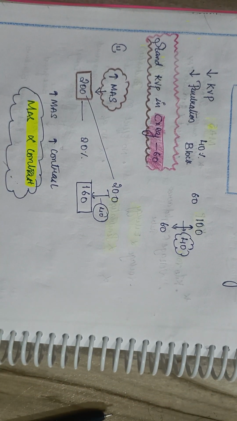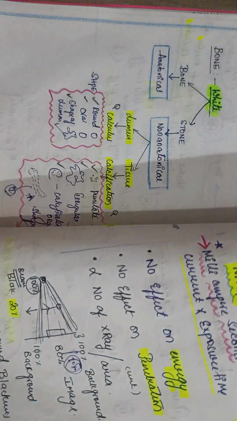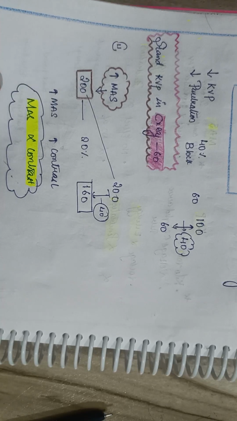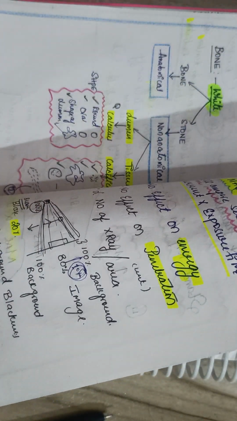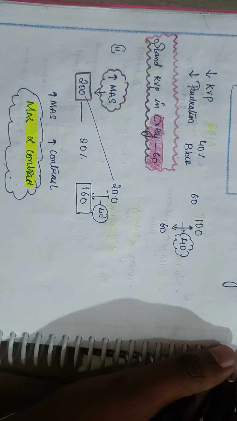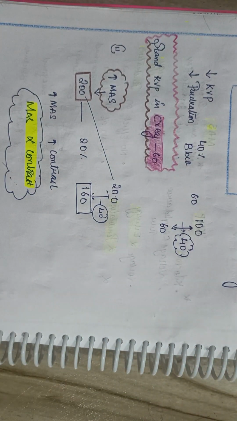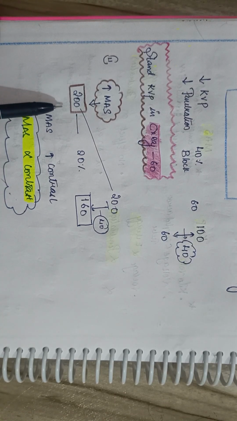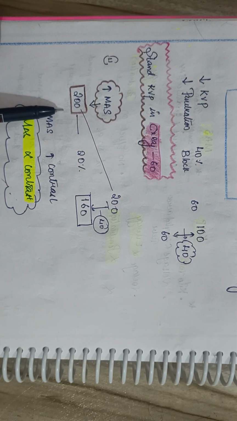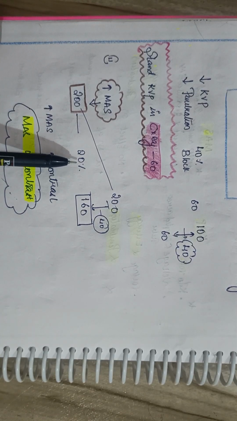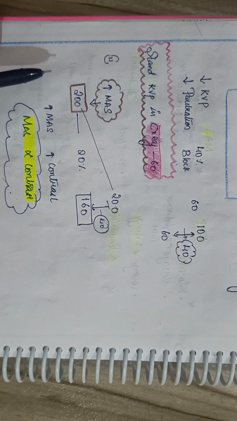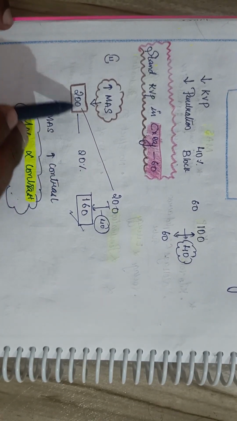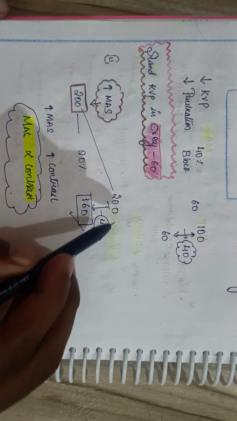Let us look into the next important point, that is mAs, milliampere second. Say for example, what is the milliamperage? Number of X-rays per unit area, right? Now say before it was 100 beam, and now I have increased the mAs from 100 to 200. When I increase to 200, say for example, 20% is absorbed by the person lying between, and the X-rays falling on the background is 160, and the one going at the periphery is 200.